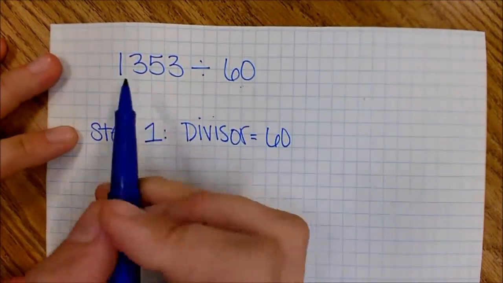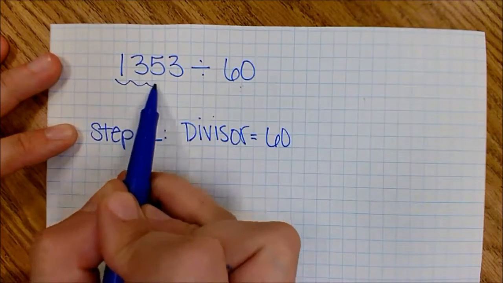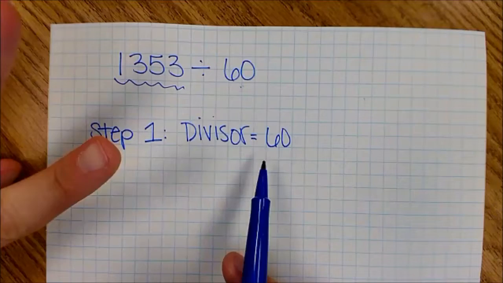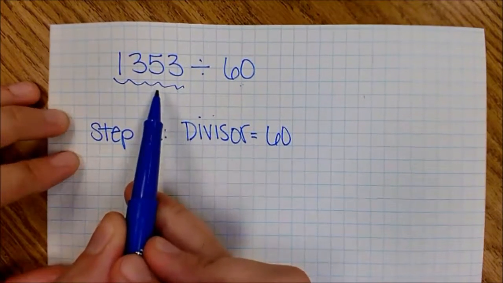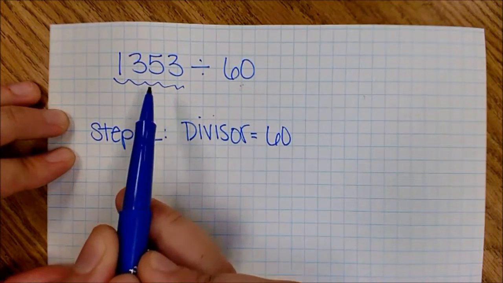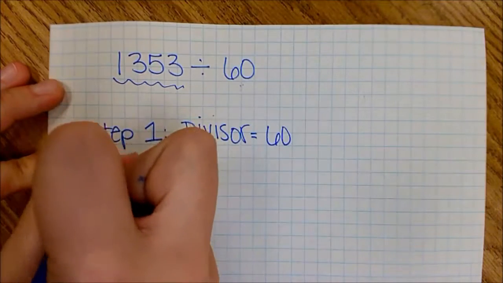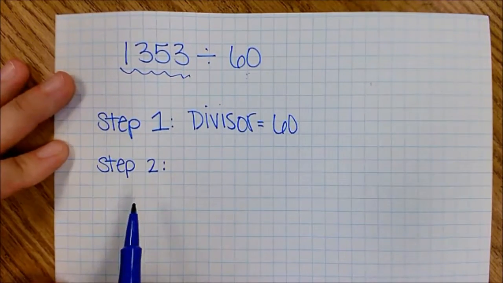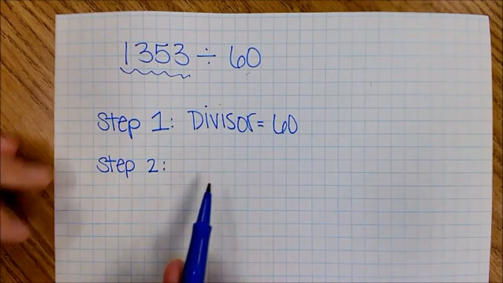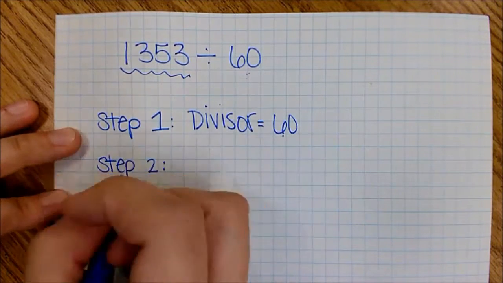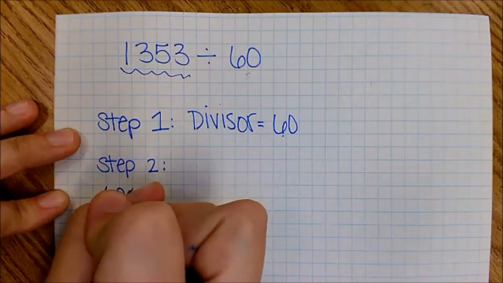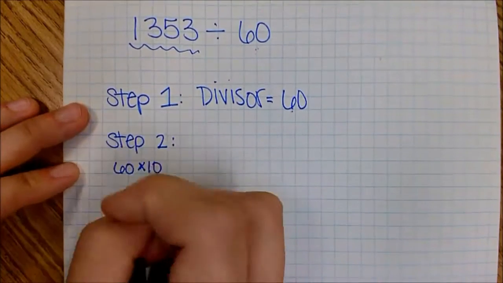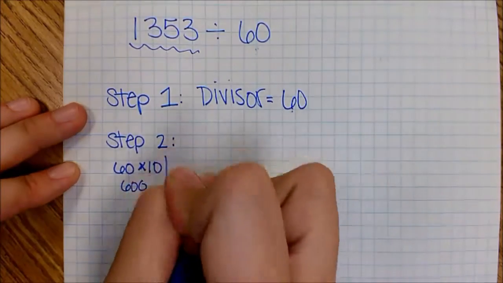So now let's focus on step 2. Finding multiples of 60 until we get 2 that are closest to my dividend. My dividend is 1,353. So let's do step 2 to see what we can come up with. So if I'm finding multiples of 60, because my divisor is 60, I'm going to start off by saying 60 times 10. 60 times 10 gives me 600.